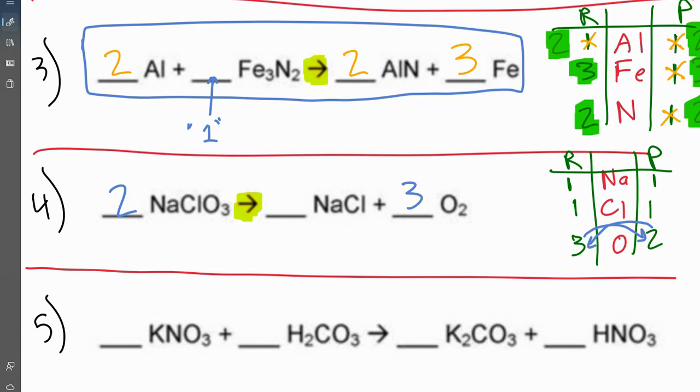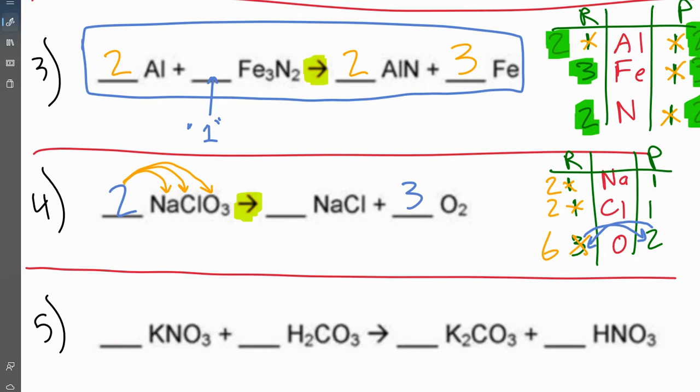What this does is gives us 2. The 2 distributes to everything here. So instead of 1 sodium that we had before, now we have 2 sodiums. Instead of the 1 chlorine, now we have 2 chlorines. Instead of the 3 oxygens, now we have 2 times 3 oxygens. This gives us 6.